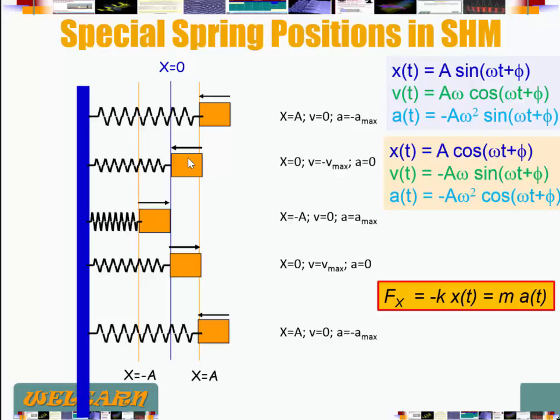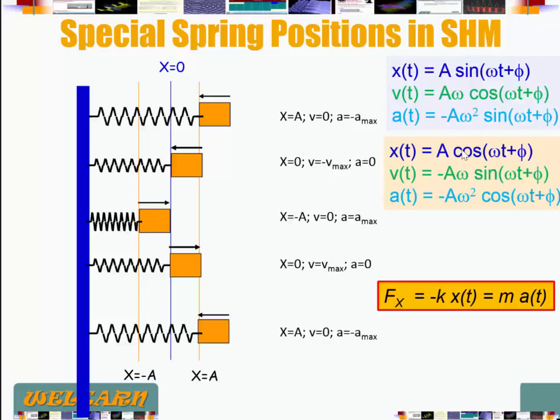So at this position, we have the maximum amount of stretching, so the maximum x, so I should have the maximum acceleration. And that's correct here as well, since the sine of pi over 2 is going to give me a 1, so that gives me the acceleration as minus a times omega squared. So that's perfect.